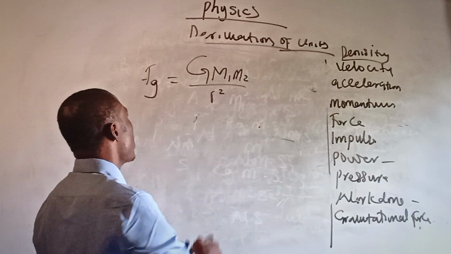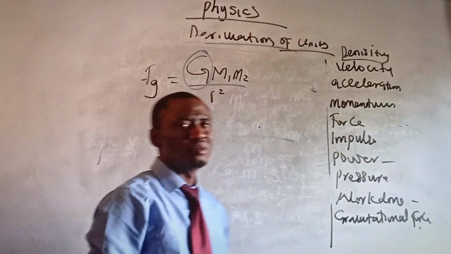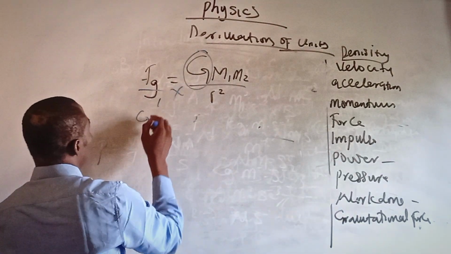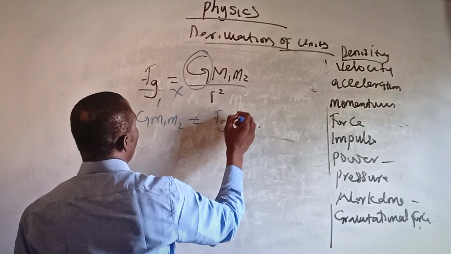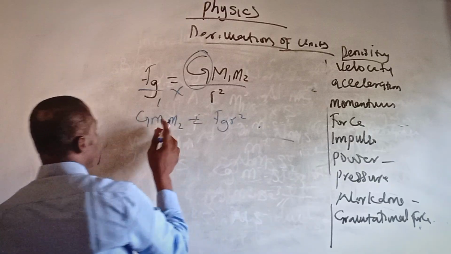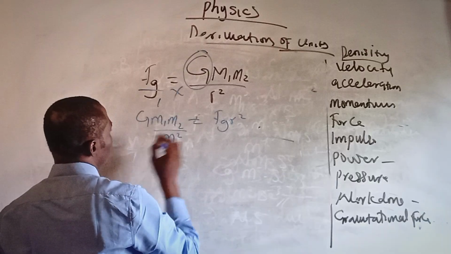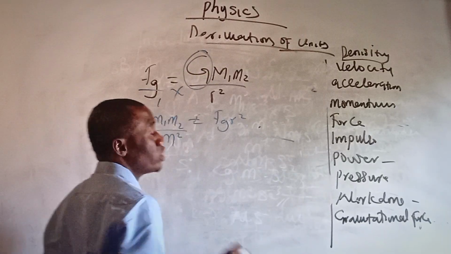Now we want to make this gravitational constant G the subject of the formula. So we're going to put a 1 here and cross multiply. So I have G M1 M2 is equal to Fg R squared. What I'm going to do is divide by M1 M2, which is M squared, since 1 plus 1 is 2.